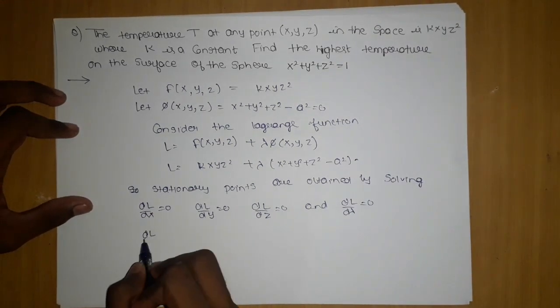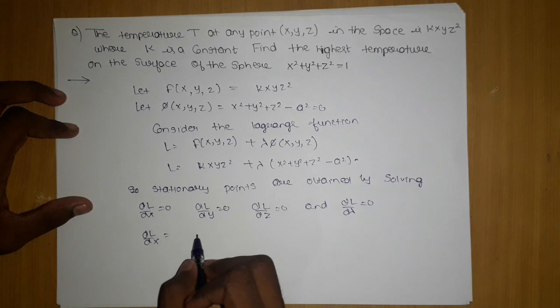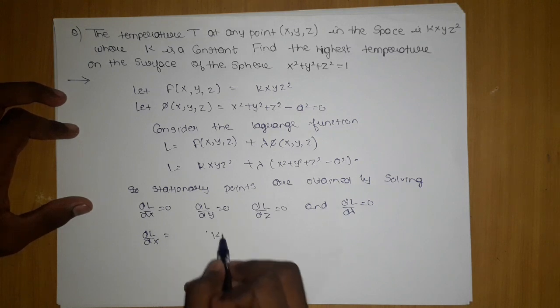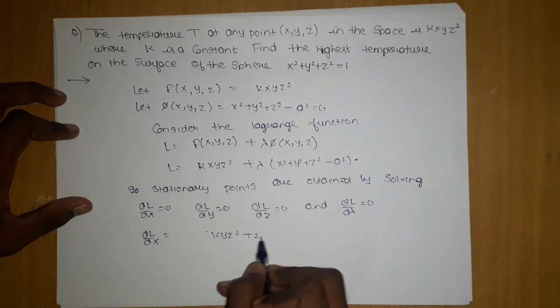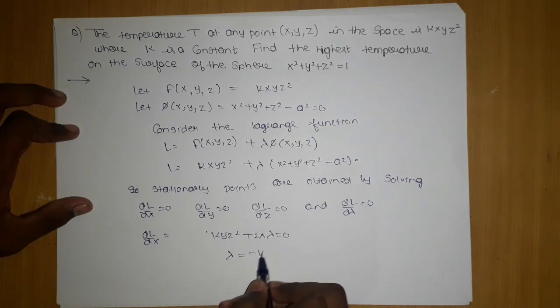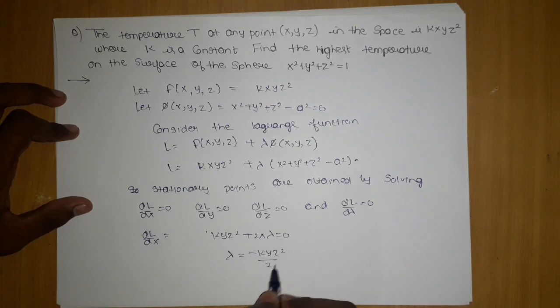Now, dou L by dou x equals what? If I differentiate it, I am going to get k y z square plus 2x lambda equals 0. Therefore lambda equals minus k y z square upon 2x.